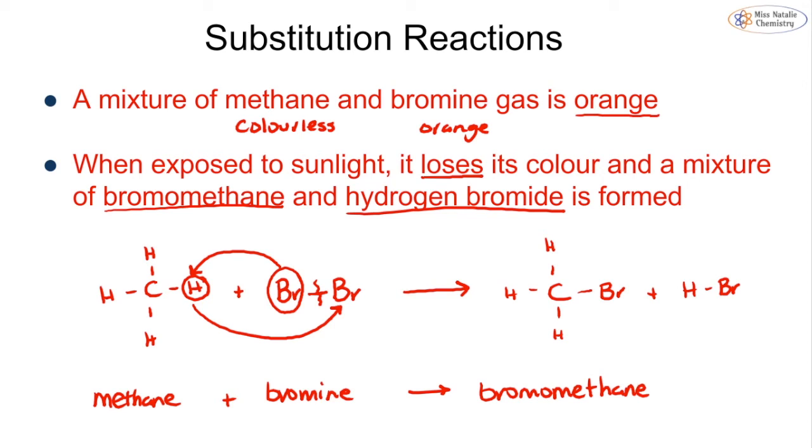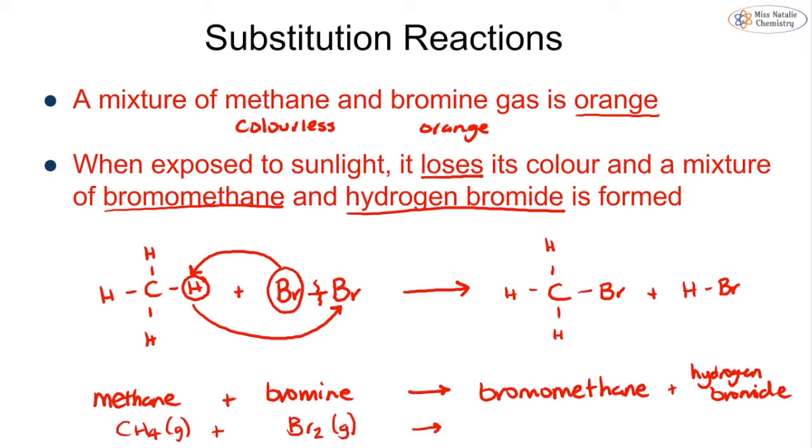So we call it bromomethane because we have methane as the main structure, but we've added in a bromine and we shorten that to bromo. And we also form hydrogen bromide.